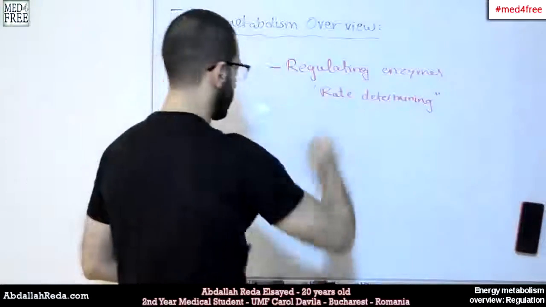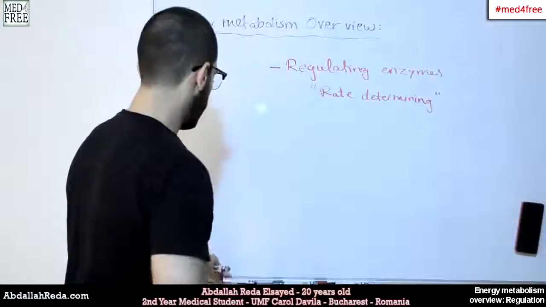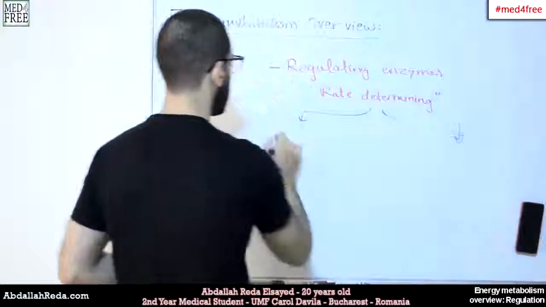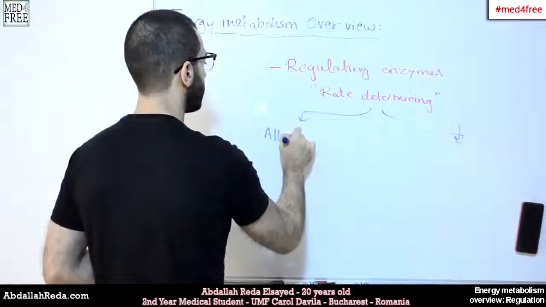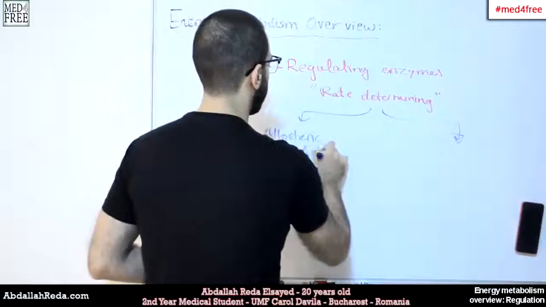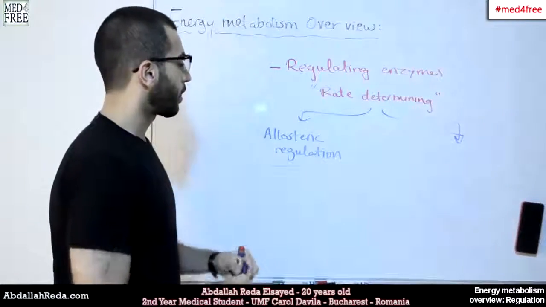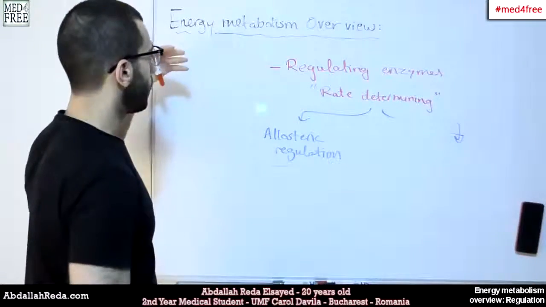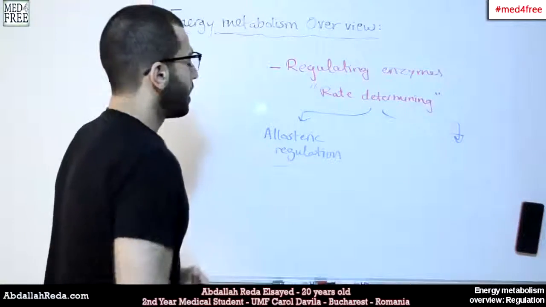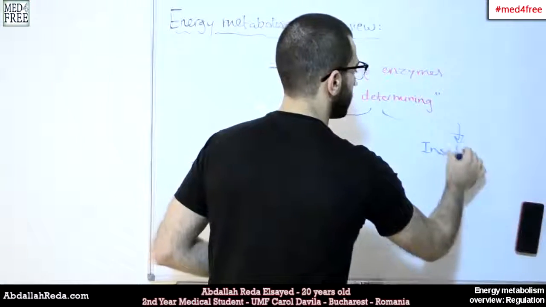So these enzymes themselves are regulated by two methods. We have something called allosteric regulation. So we have these compounds which are, if found, they would affect the enzyme in a positive or a negative way. And we have insulin and glucagon.